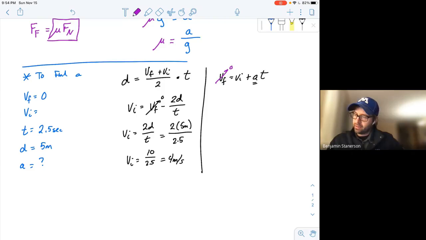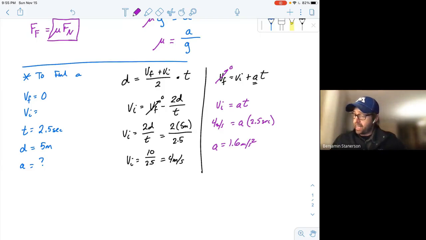My velocity VI, move that over to the other side, is now equal to A times T. And now I can substitute in my 4 meters per second is equal to A times 2.5 seconds. Solving for A, I'm going to end up with about 1.6 meters per second squared.